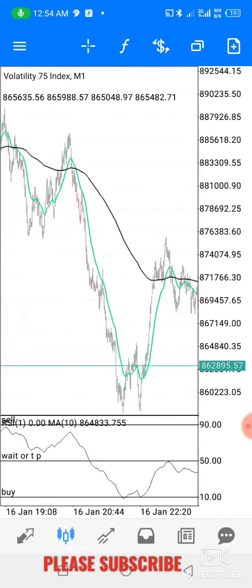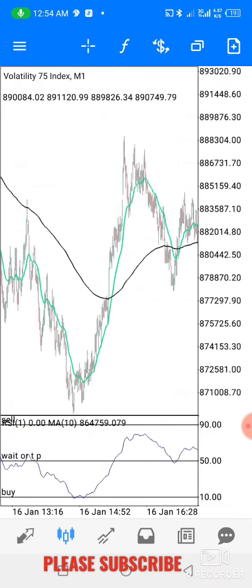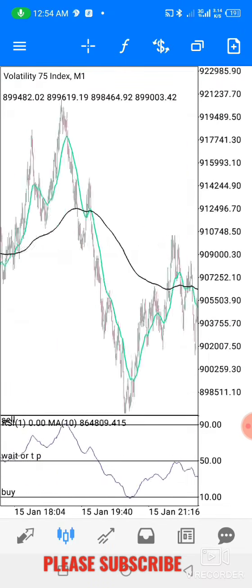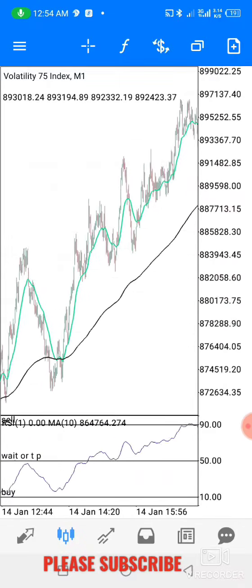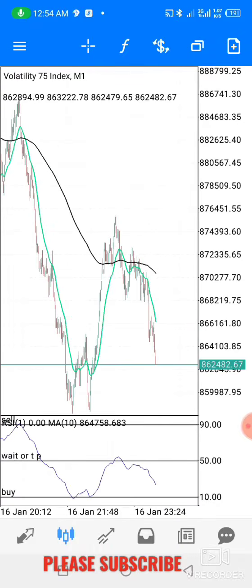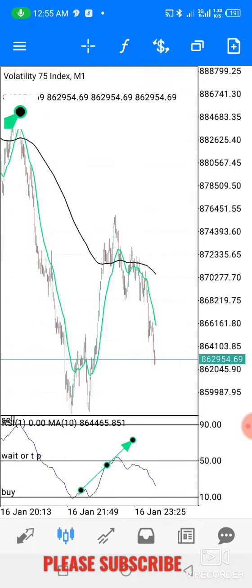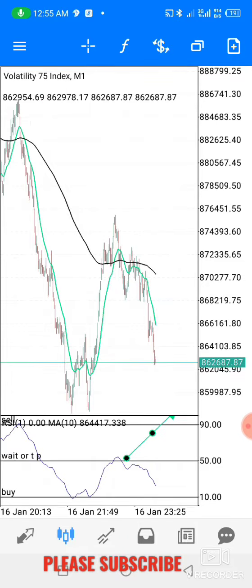So for me to do this video, for me to start telling you this thing, this is a known fact. It works because over the years of trading this market, that is what I noticed. Okay, and it's real. Now we have two levels here in the Relative Strength Index, the indicator window 1: level 90 and level 10. See how this works.